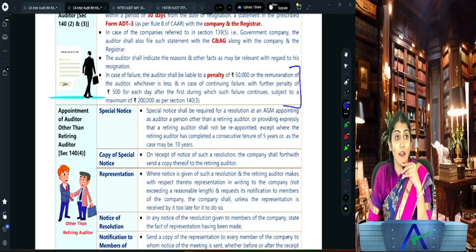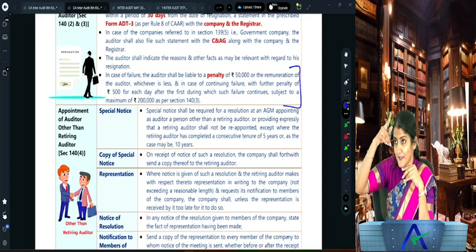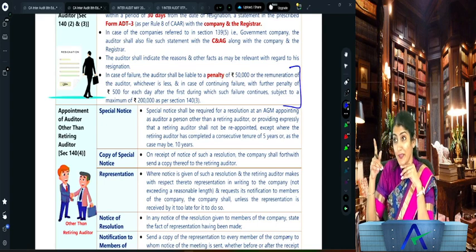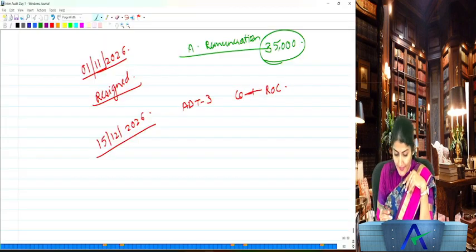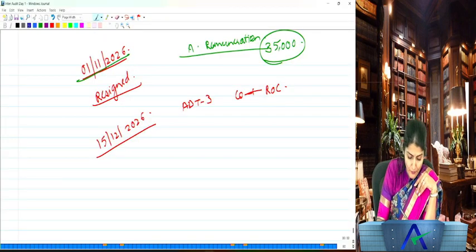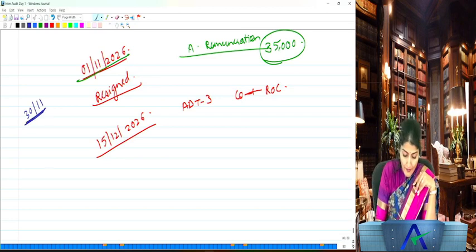When did he file? 15th December. That means how many days default? Yes, 14 days. 1st November to 30th November. Within 30 days from the date of the resignation he should have filed. But when did this fellow file? 15th of December.